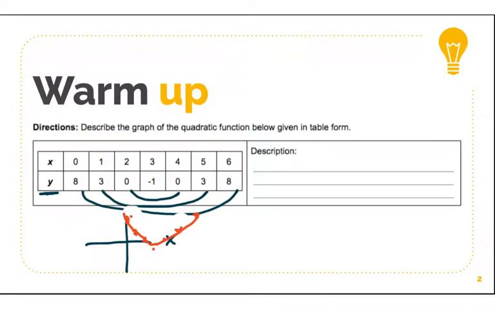All right, so the lowest point is where the lowest y value is. So I know that this is the vertex. I also know that since it goes from being up to down, this vertex is the lowest point, or the minimum.